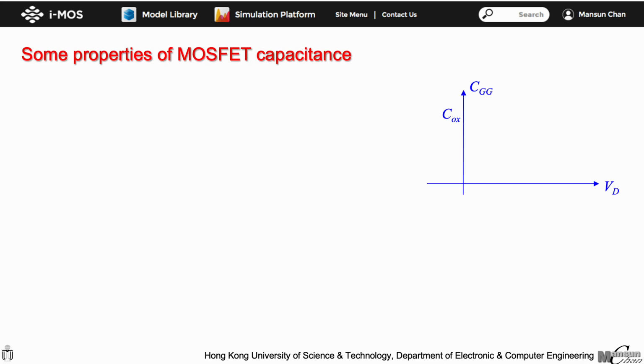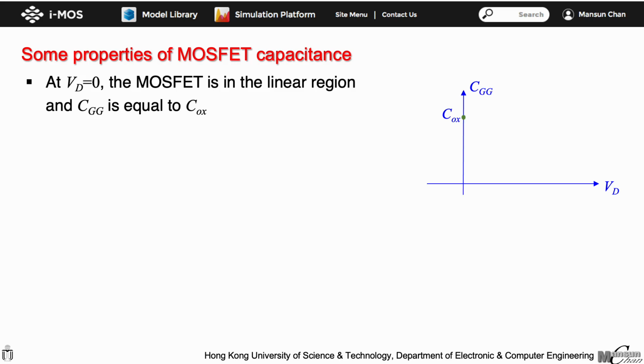If we look at CGG as a function of the drain voltage, we note that at VD equal to 0, the MOSFET is in the linear region with the source and drain symmetrical to each other. In this case, CGG is just equal to Cox. When VD increases, the total gate charge is reduced, leading to a decrease in CGG.